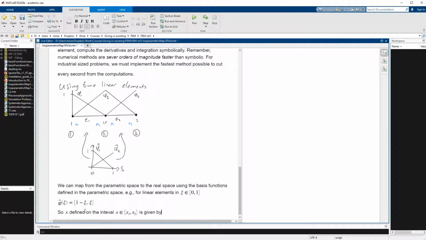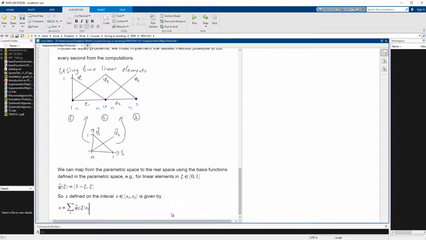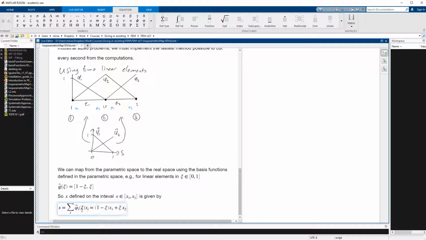So x defined on the interval x1 and x2 is given by this linear combination here. We have our basis functions of xi multiplying our coordinates. If you multiply it in, we have 1 minus xi multiplying x1 plus xi multiplying x2.